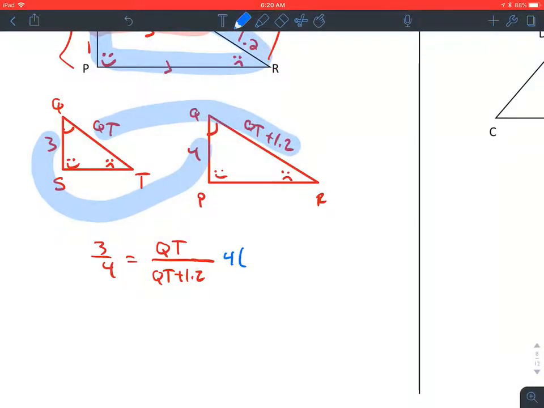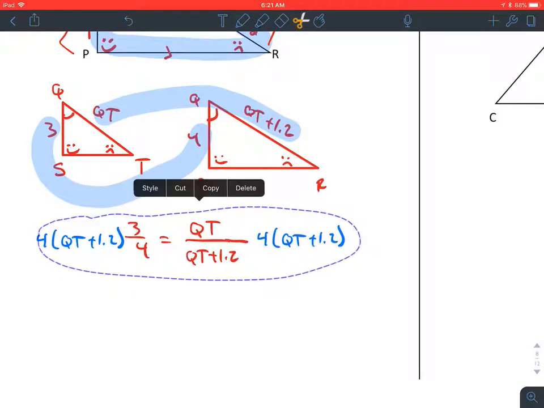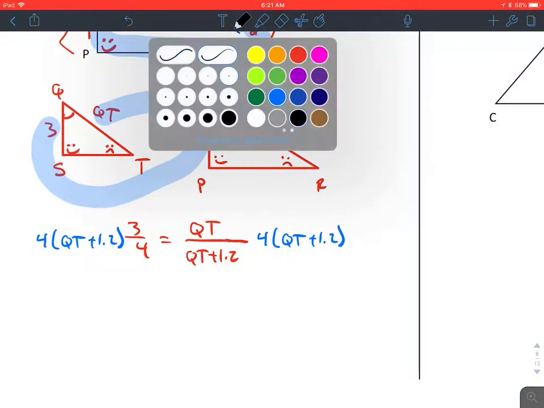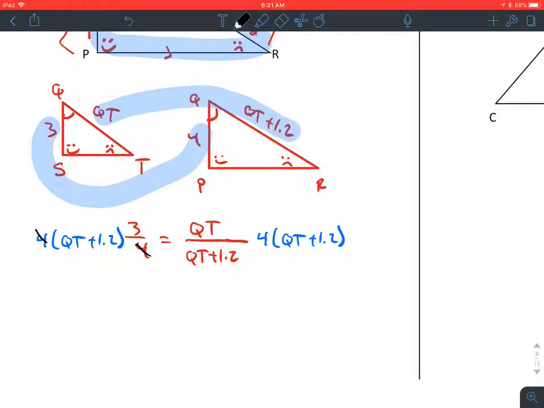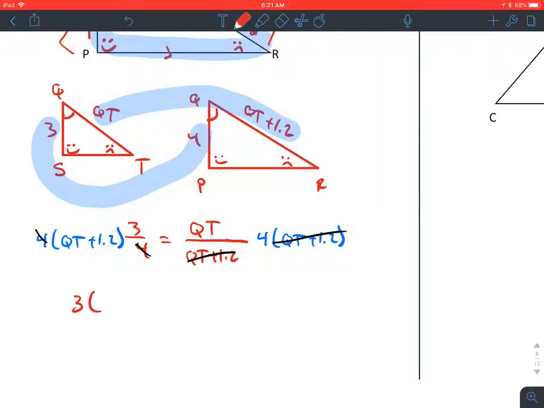I'm going to multiply both sides by my denominators. Multiplication property of equality says if you do it to one side, you must do it to both sides. And when I say both sides, what I really mean is each term. On the left, multiplying and dividing by 4 cancels. On the right, multiplying and dividing by QT plus 1.2 cancels.